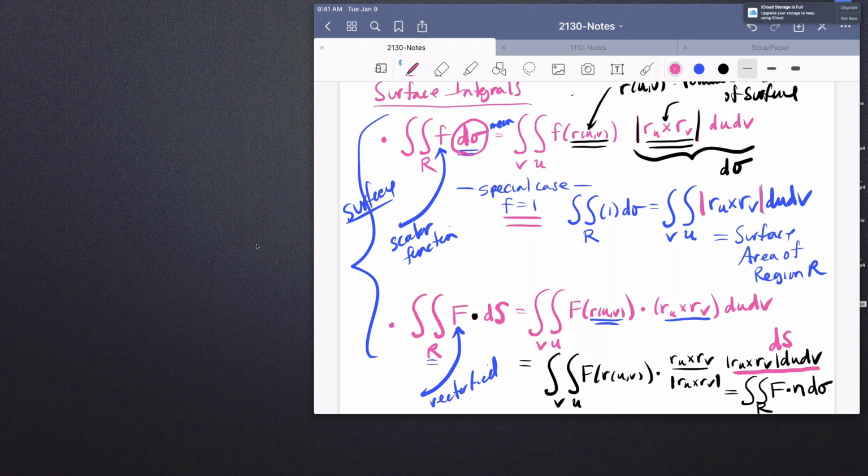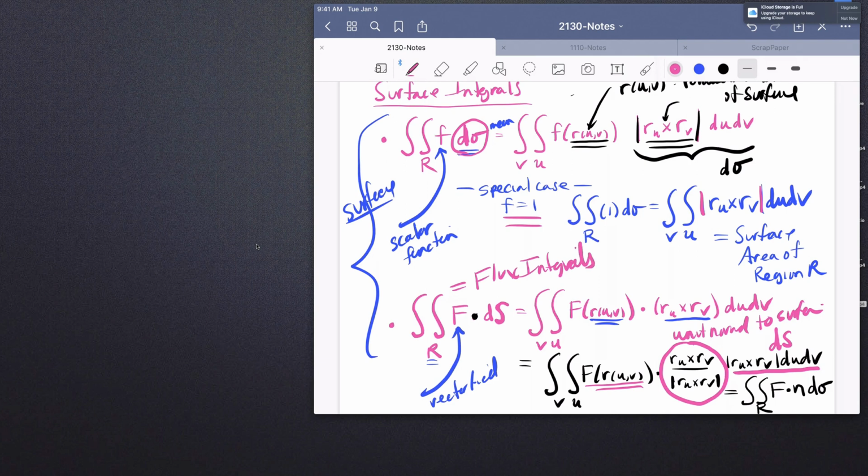And r_u cross r_v divided by the magnitude of r_u cross r_v is what we're going to end up calling the unit normal vector to a surface. Then we have the vector field along that surface. These kinds of integrals, surface integrals of vector fields, are called flux integrals.